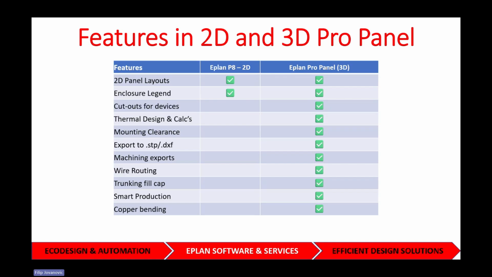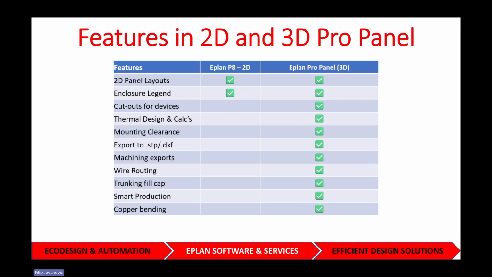You can also have wire routing, which is a big one. Basically what wire routing is, ProPanel does the wire routing for you, and you can generate a report of all the wiring used in the panel, as well as the color and lengths of each wire. And you can also do machining exports.